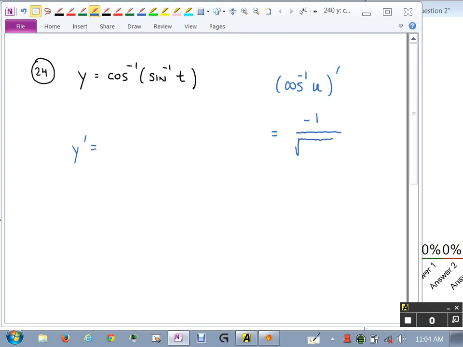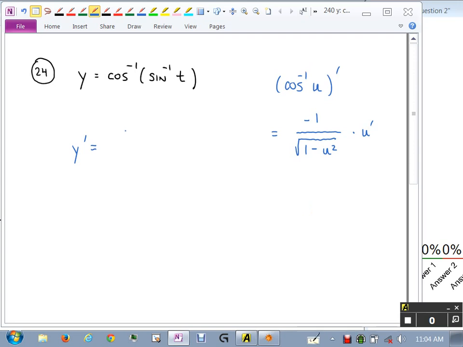Square root of 1 minus x squared, but in this case, I'm using the variable u, right? So it'll be negative 1 over the square root of 1 minus u squared. And then you'll have to say times the derivative of u to finish off chain rule. So times the derivative of whatever the u is. So for us in the problem, u is what? Arc sine of t.